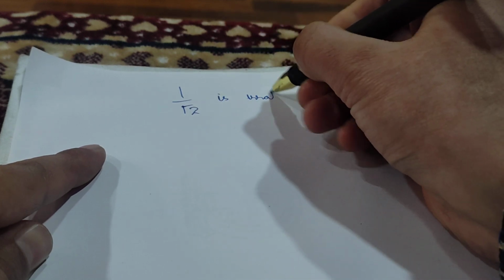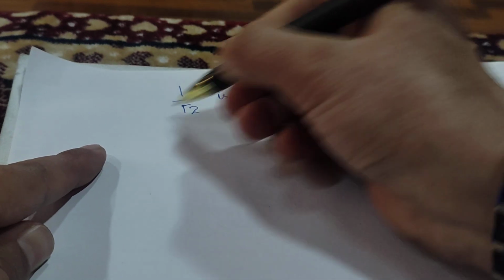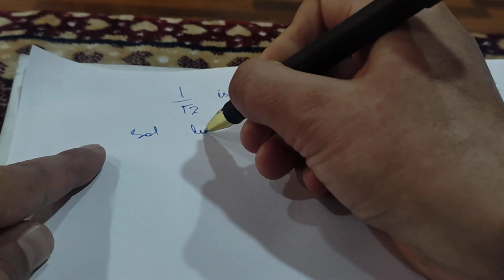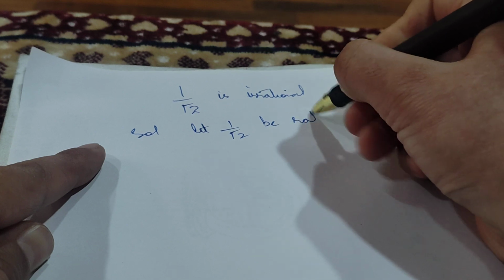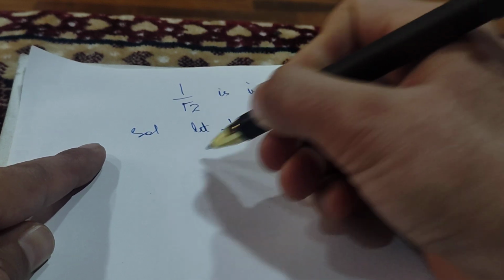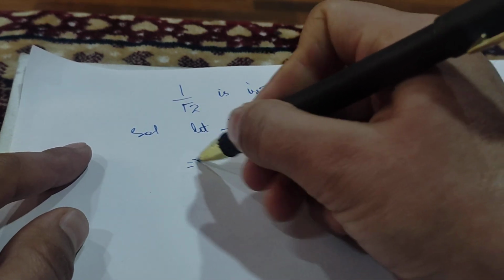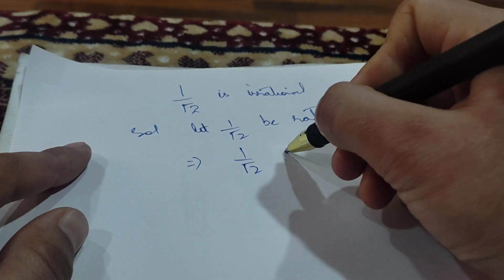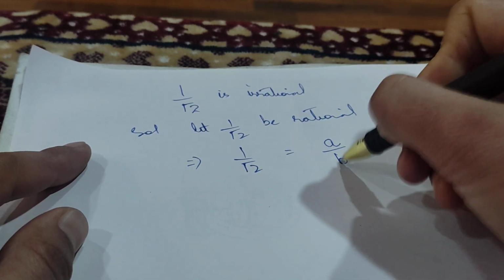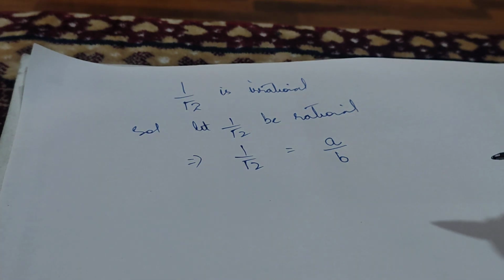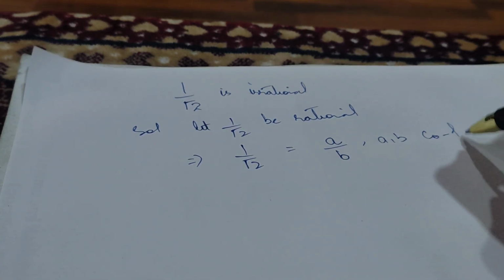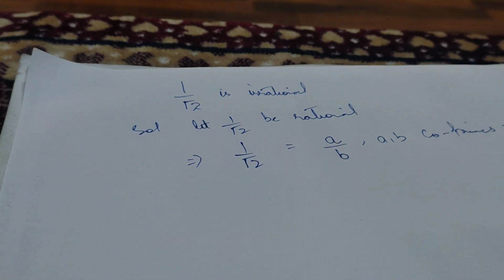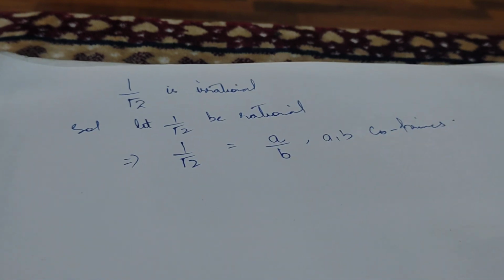Let 1 by under root 2 be rational. Therefore, we can write it in the form of p by q, which implies 1 by under root 2 is equal to a by b, where a and b are co-primes.